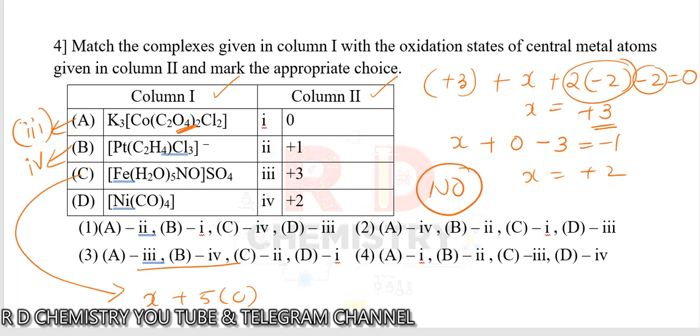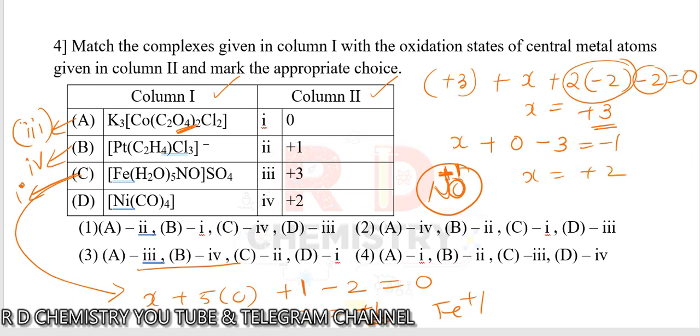NO, nitrosyl, is a neutral ligand, but in this complex, nitrosyl becomes the nitrosonium ion, NO plus. So plus 1 state. And sulfate, total charge is minus 2, total is equal to 0. So X is equal to plus 1 we can have. So unusual iron 1 state, remember that one. That is the option number 1.